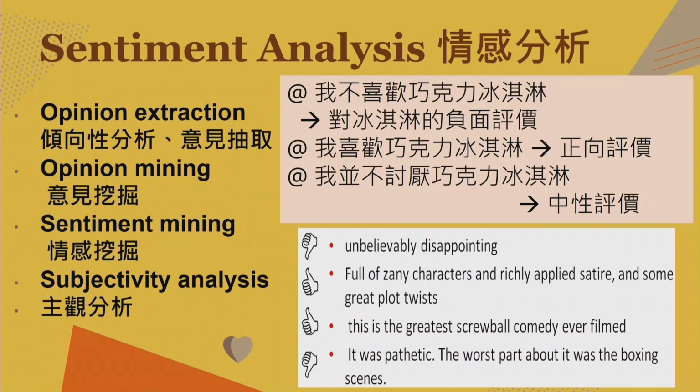And then you see this one is about sentiment analysis. We also call that opinion extraction, opinion mining, sentiment mining, or subjectivity analysis. For example, in Chinese, we say 不喜欢, that's negative, 喜欢, positive, 并不讨厌 for neutral.